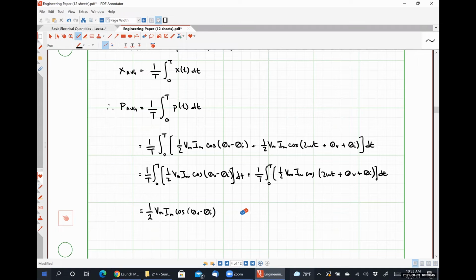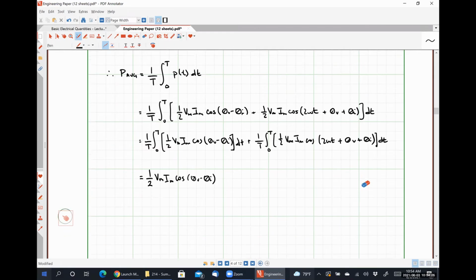Now, what happens when we integrate the second portion? Any thoughts? You can pull out everything but the cosine of 2 omega t, and then do you have to leave the theta v and theta I in there? Yeah, so you're absolutely right.